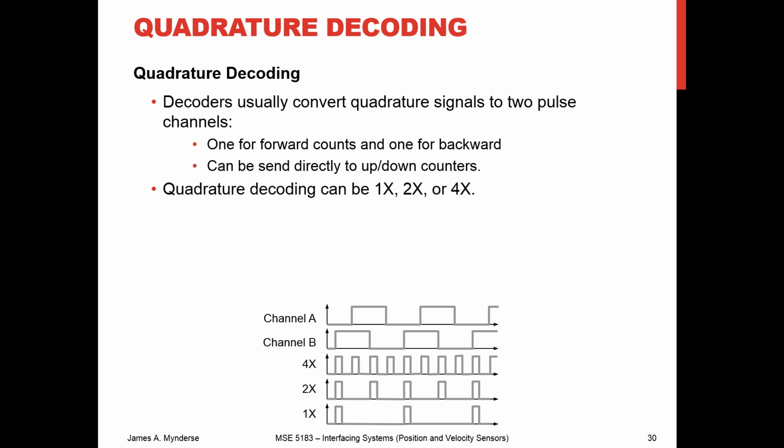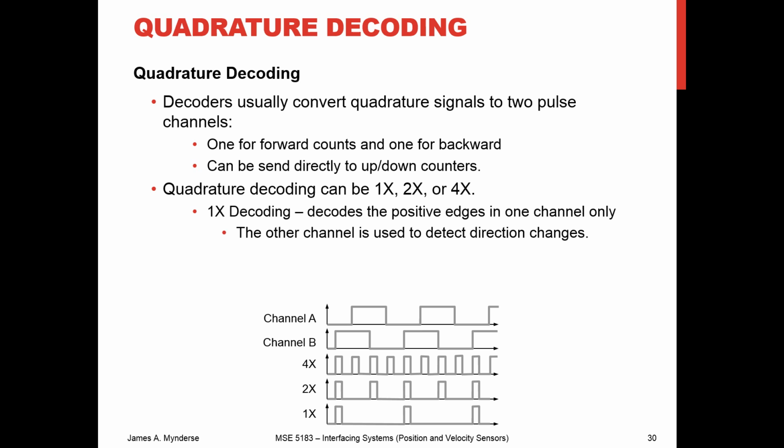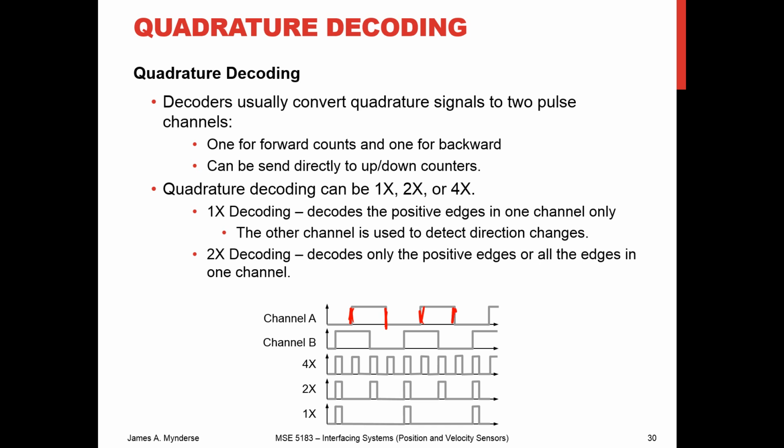Now, how do we decode that? Well, if we've got our channel A and channel B, we can read just one or the other, and we get what we call 1x decoding, and that'll tell us how far we're moving around the disk, or how far we're moving on the line. But we could also make that more precise by doing 2x decoding, where we look at just the rising edges in each channel.